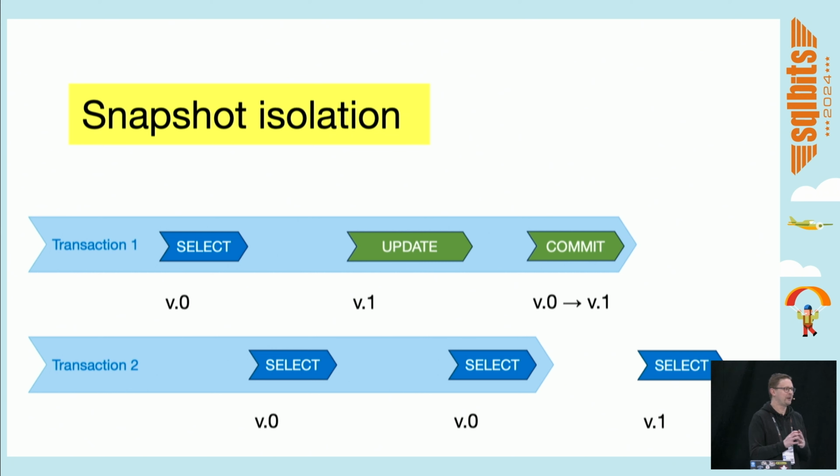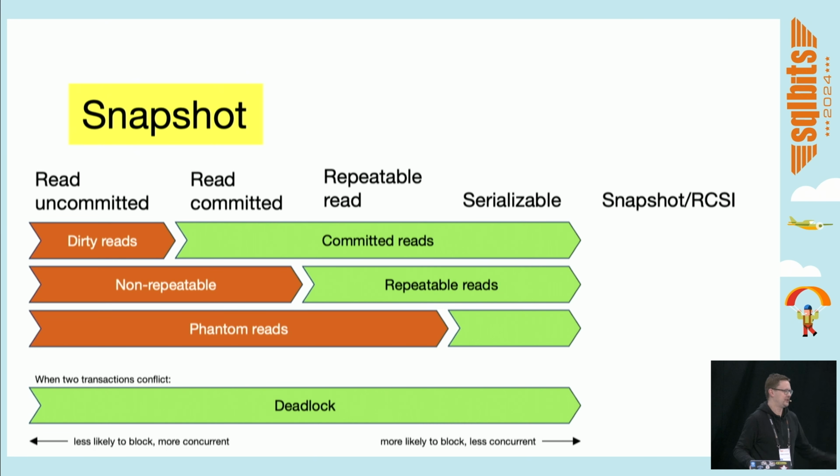The takeaway is, if you look at something with snapshot isolation, SQL Server will remember what it looked like last time you looked until you're committing your transaction. Then all bets are off. But for the duration of your transaction, SQL Server will remember what the data was like the first time you looked at it. I was going to make an analogy to love or something, but you get the idea.